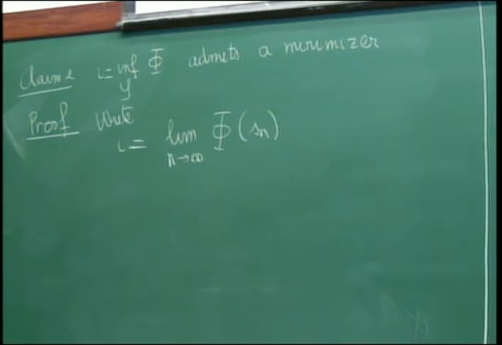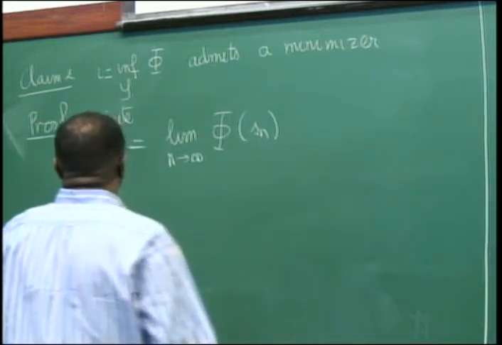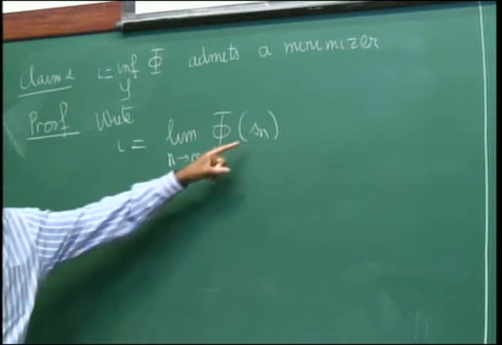So I am using the elementary characterization of a minimizer, saying that if I have an infimum, then there exists a sequence.